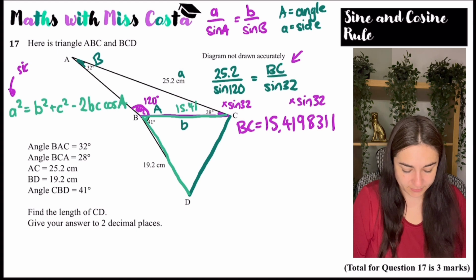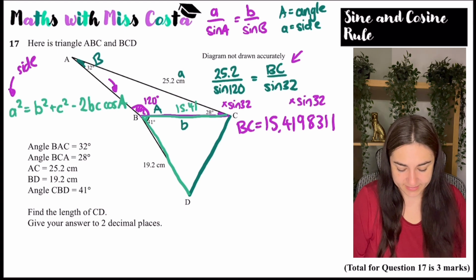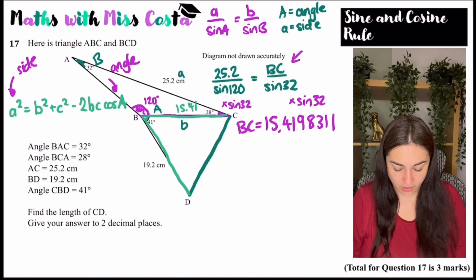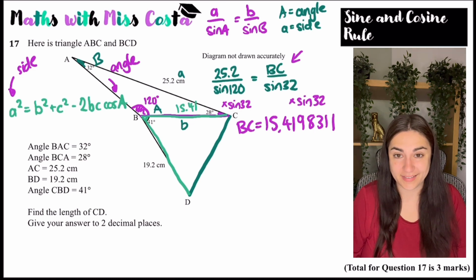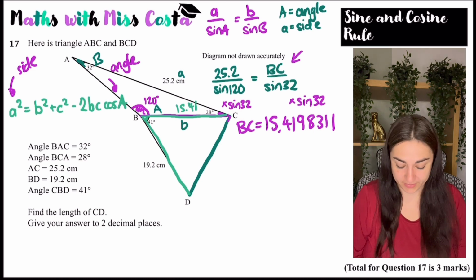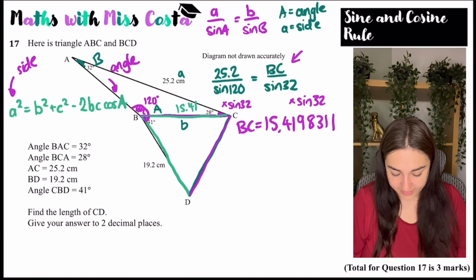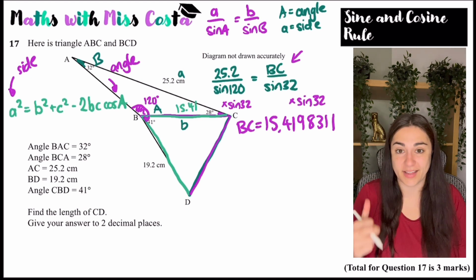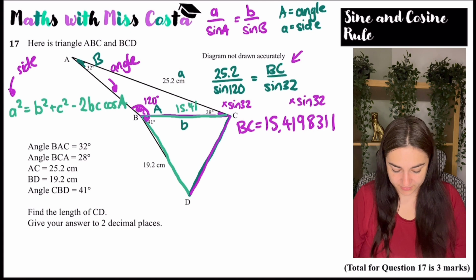Remember, the little letters represent the sides and the big letter represents the angle. All that matters is that the side you're trying to find is opposite the angle that has been given. So this is the side I'm trying to find. This is the angle that has been given. That's all good, and I know the values of the other two sides.